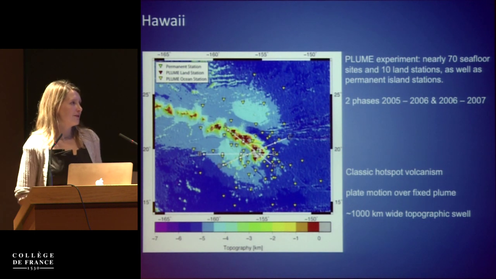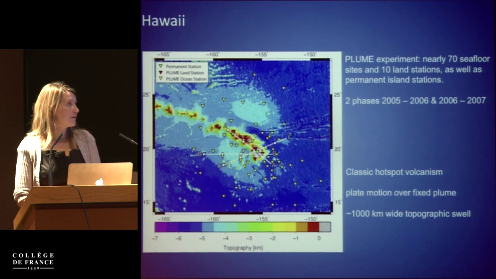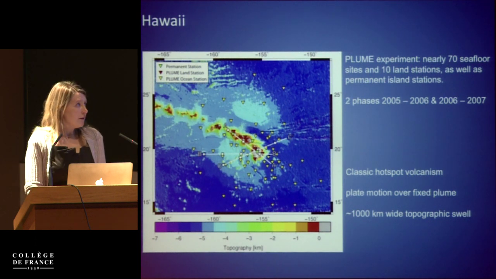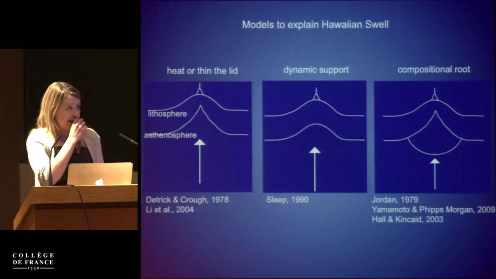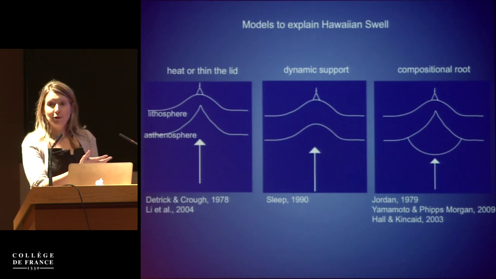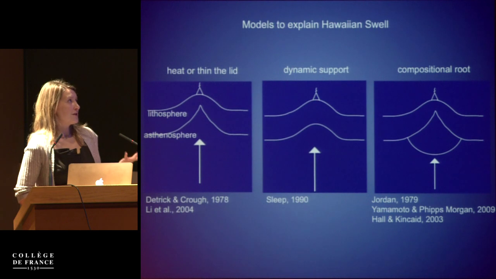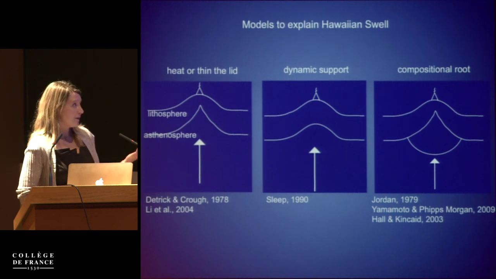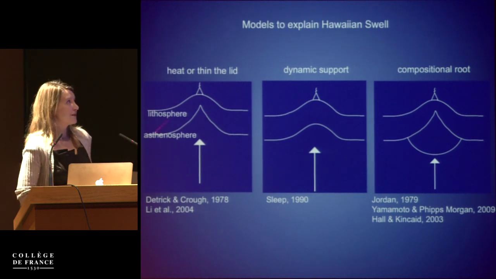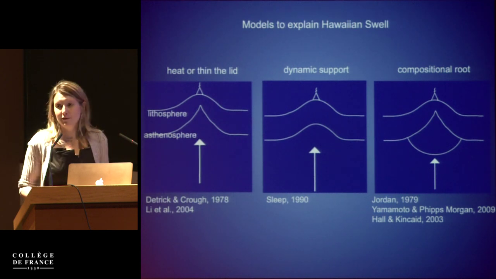This is a classic example of hotspot volcanism with plate motion over a fixed plume. And these models that have been developed for mechanisms to define the plate, and also to help us understand what supports the topographic swell above Hawaii, have been developed for Hawaii.